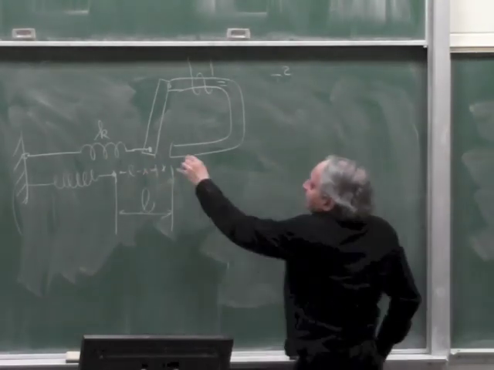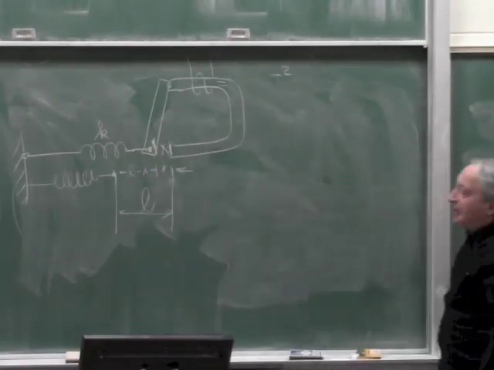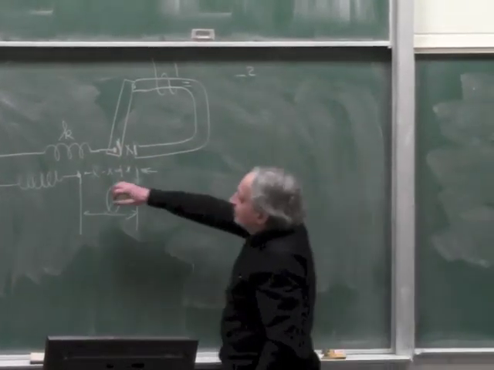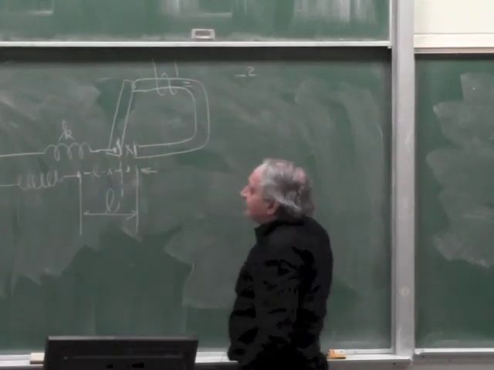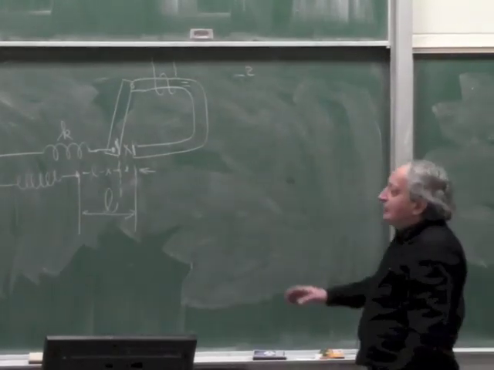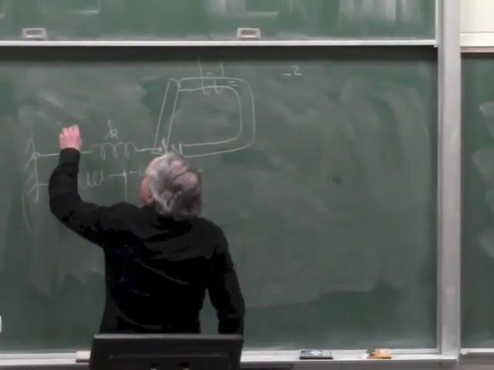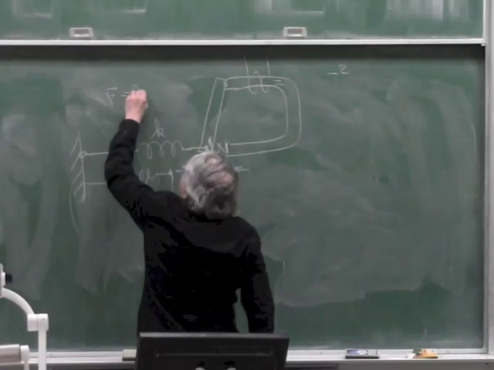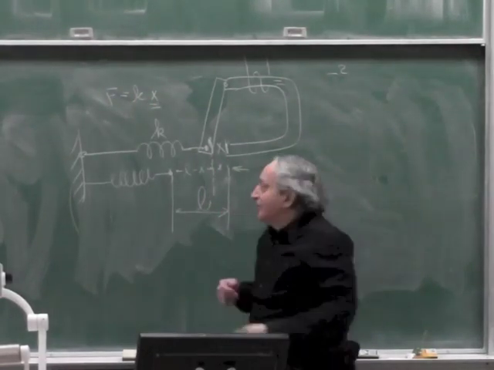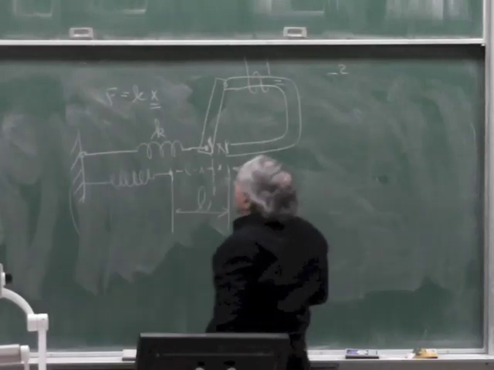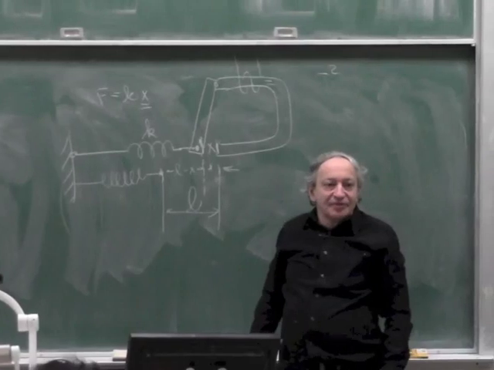This thing here, the air gap, is x, the amount the coil can move, and the amount the spring is stretched up to this point is L minus x. The total length of the spring doesn't matter, because in a spring F equals kx, where x is the amount of stretching. So it doesn't matter if the spring is longer or shorter, all that matters is k and how much we stretched it. Good?